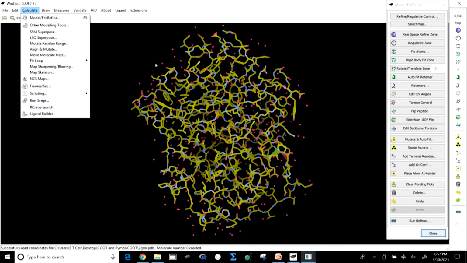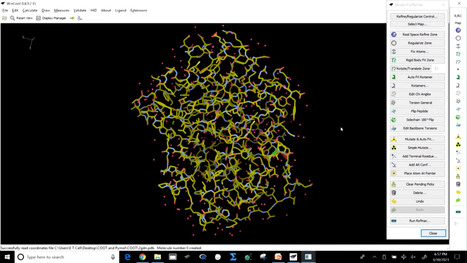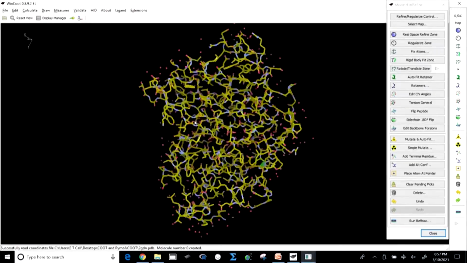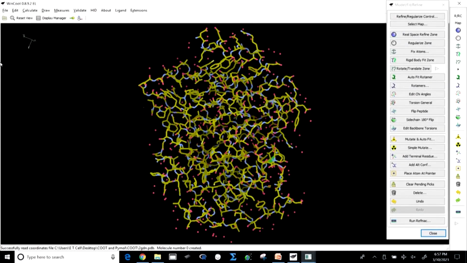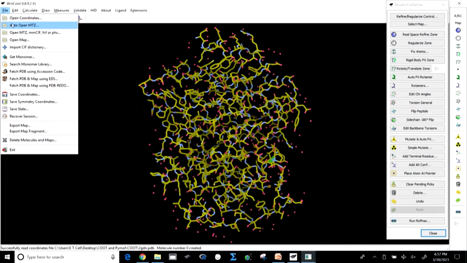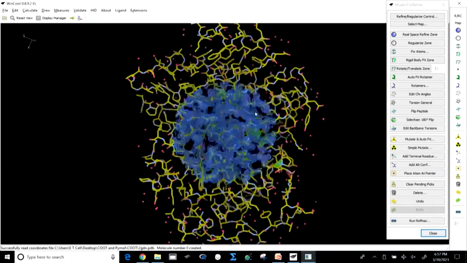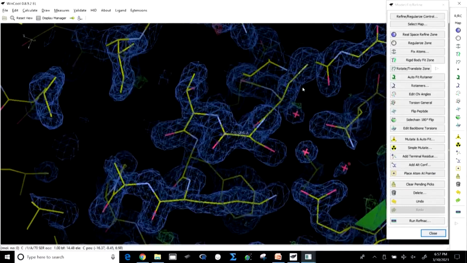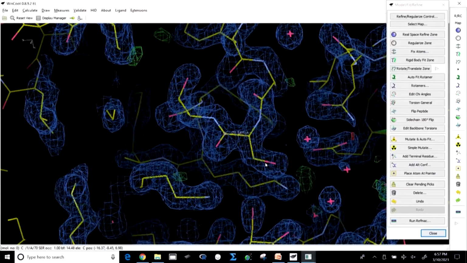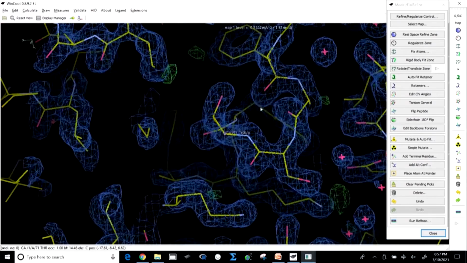A lot of options. So, you have this molecule, now you see that, and it would be better if we introduce the corresponding map. So, we introduce the map, and now you see this was the original resource on which the coordinate file, the PDB file, was built up. Now, you go and click anywhere.